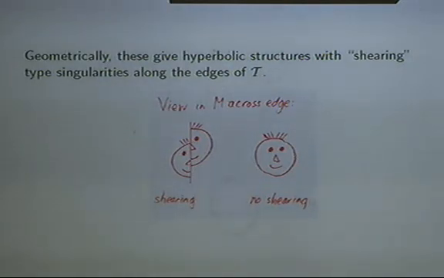But if you have these shearing singularities, with the edge in the middle, you get some kind of shifting. One side of the face gets shifted. That's the bad case. But that's what angle structures are geometrically: hyperbolic structures with shearing along the edges.